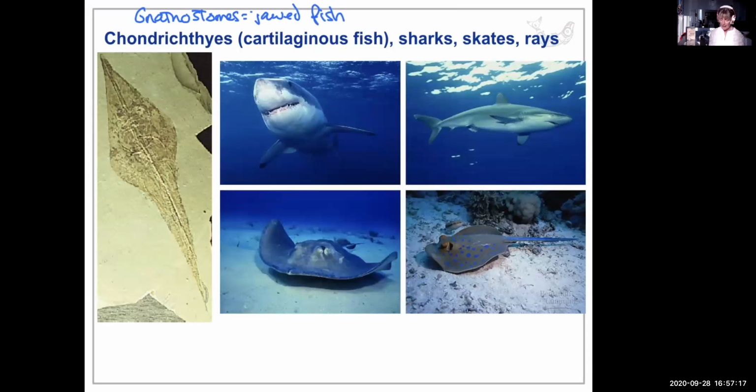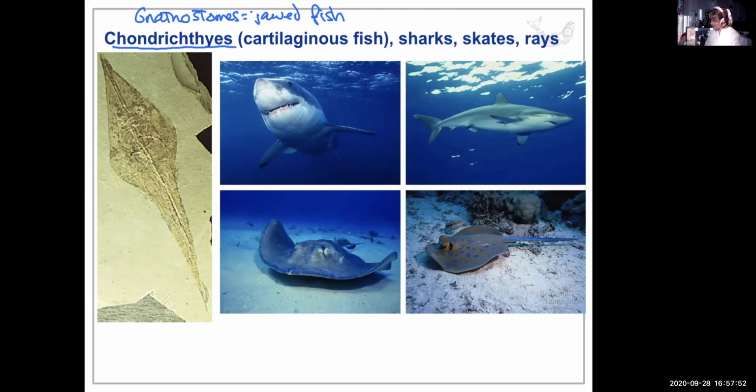They have jaws, like the chondrichthyes. So the chondrichthyes is a jawed fish, the skeleton of which is cartilage, although the ancestor of the chondrichthyes is thought to have had a bony skeleton, and the cartilaginous skeleton is something that developed later on. So they include sharks, they include skates and rays, and also an odd fish called a ghost shark.